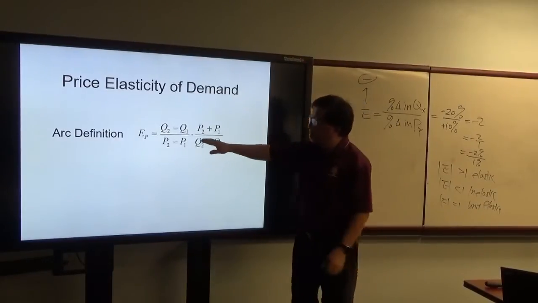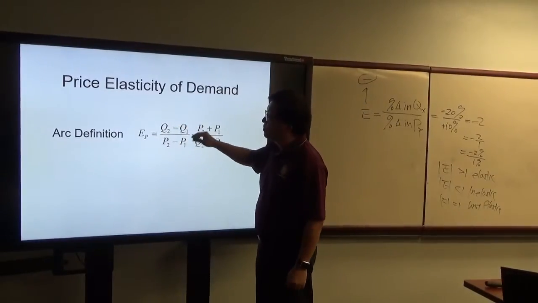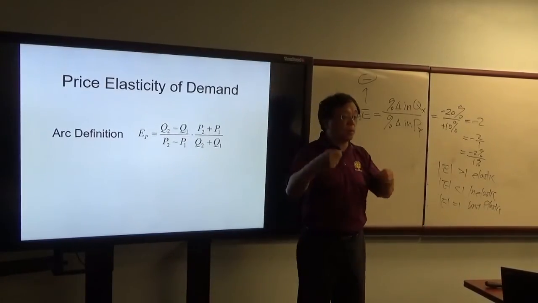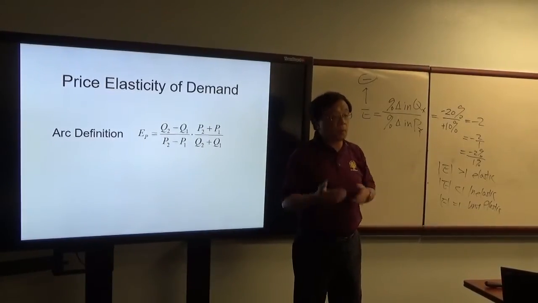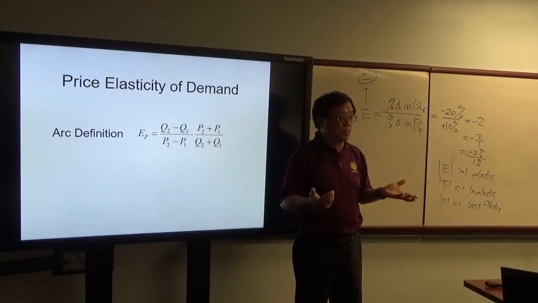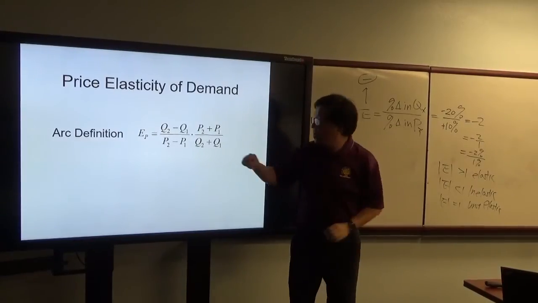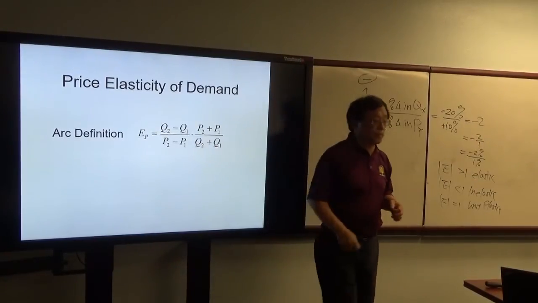It's called arc or interval price elasticity. So the change is large, like from $5 to $7. The change is large. Then what happens to the quantity? So basically we have 2 points here, right? P1 and Q1.